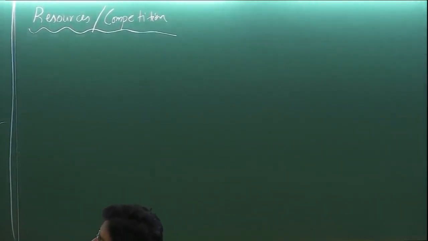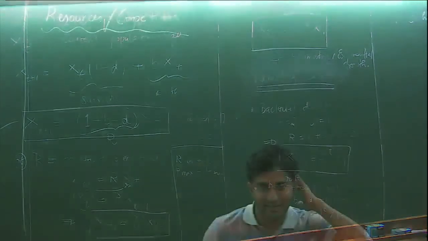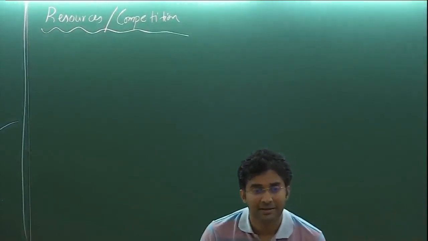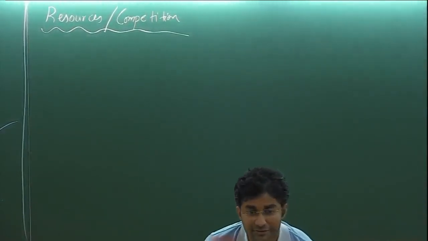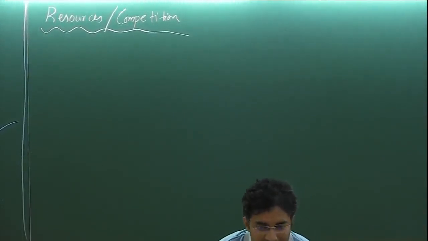I assume that the birth and death rates are constant. So assuming R is constant over time effectively means that births and deaths, or at least the difference between them, are constant over time. Births will be greater than deaths forever only if the resources are infinite, because as the population increases, the resources will limit the births and enhance the deaths, right?